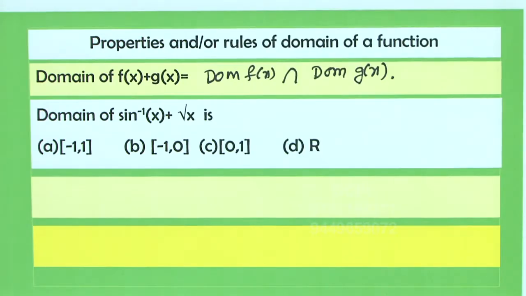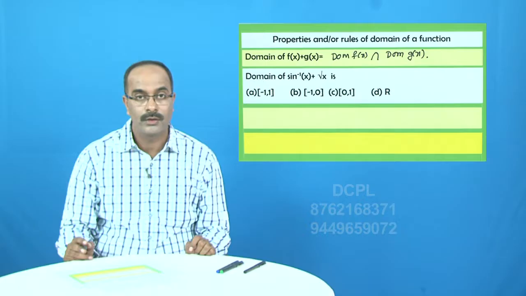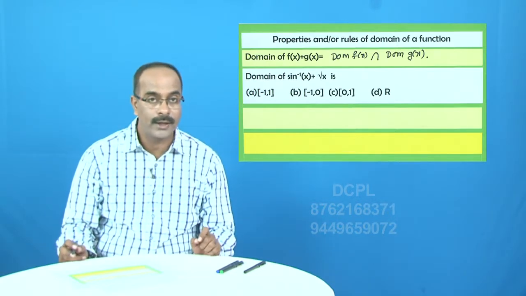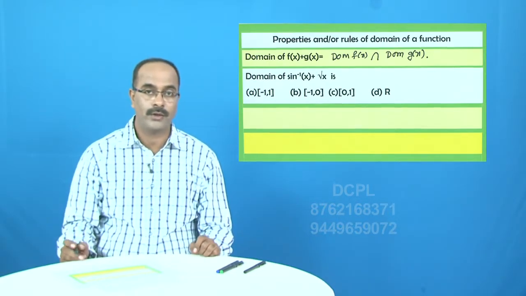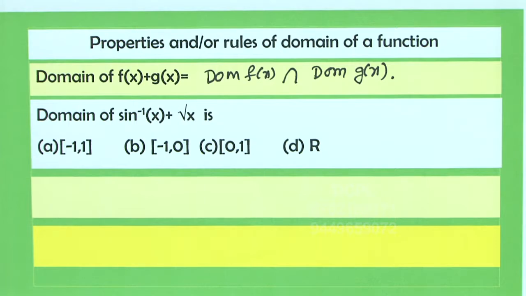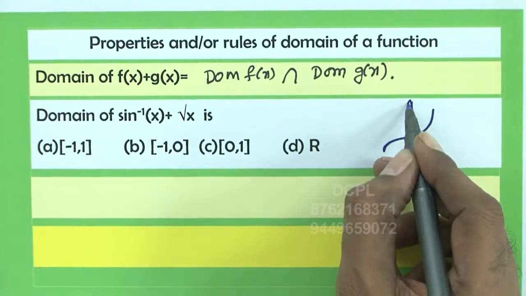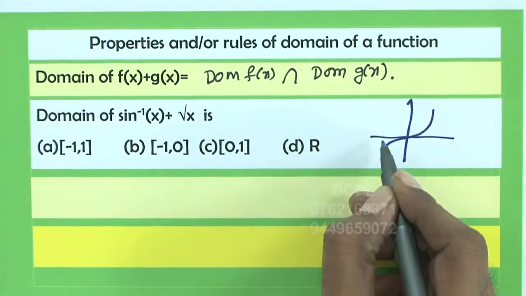What is the domain of sine inverse of x plus root x? Dear students, sine inverse of x exists if and only if x lies between -1 and +1. See, this is the graph of sine inverse of x. This is the y-axis, and this is the x-axis.